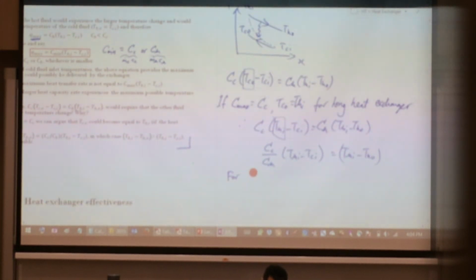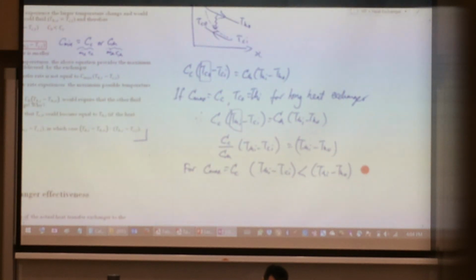So for Cmax equal to Cc, this is suggesting that your Thi minus Tci is smaller than Thi minus Th naught. And we know that this is not possible.